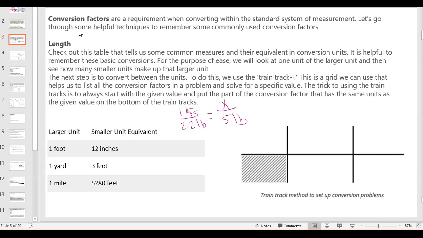Why did I put my pounds in the bottom? Same unit, and the other unit is in the denominator, right? So we're going to keep it the same. Whenever we cross multiply and then divide, it's going to be 2.4 kilograms. So if you do ratio proportion, you have to have the same units in the same spot.